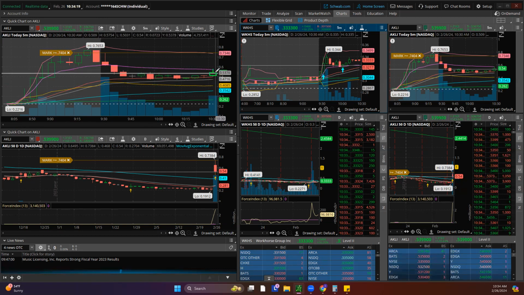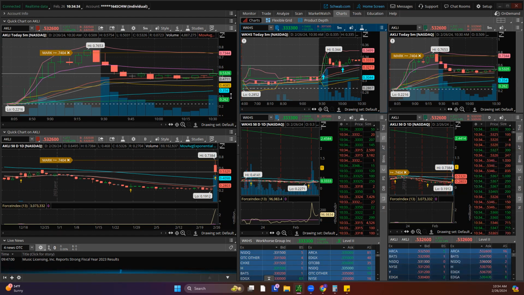It's not to say that just because it rejects right here, the next candle couldn't just blast right through and keep going higher. But for me, I've been sitting in this for an hour. And so I'm kind of done with it, you could say. I mean, there's 19 seconds left for this candle.